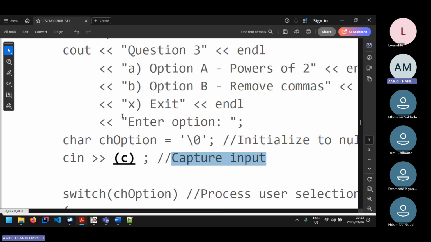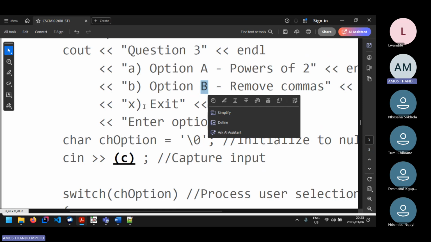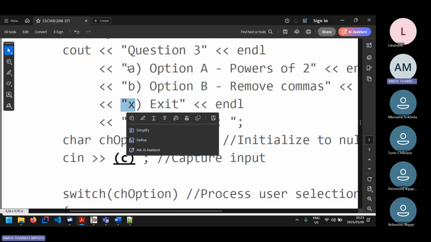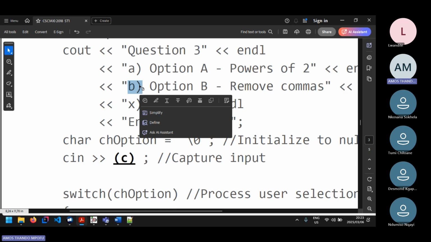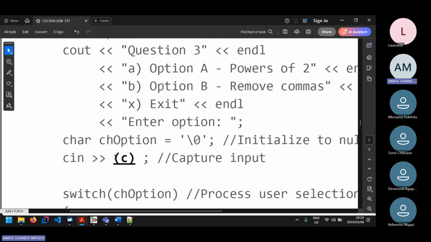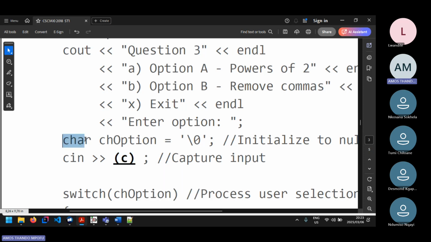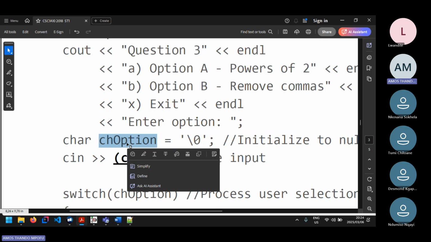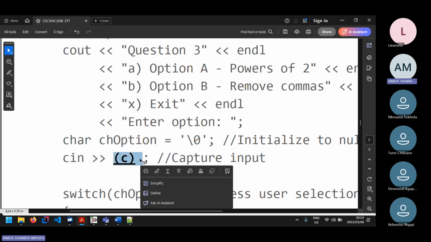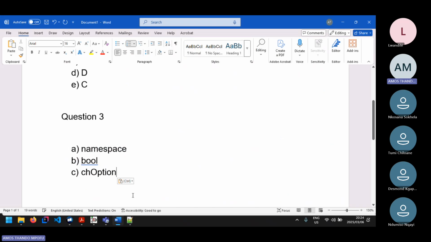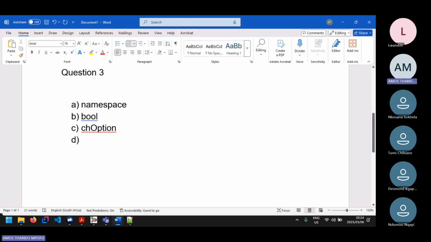It's the option that the user chooses, whether they choose A or B or X. They choose the letter A or the letter B or the letter C. So the variable I need to pass here must be of type char, because what the user enters is one character. And there is a variable of char type in the previous line, this one. So the answer for C is choice option, because I need to capture one character or one letter. In order to do that, you use a variable of the char type.